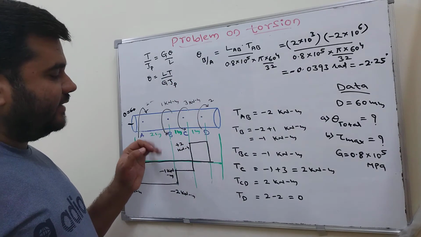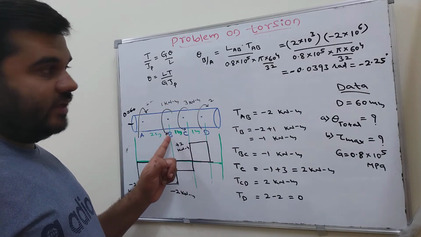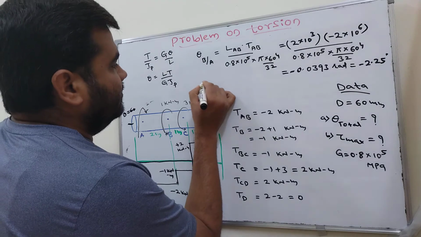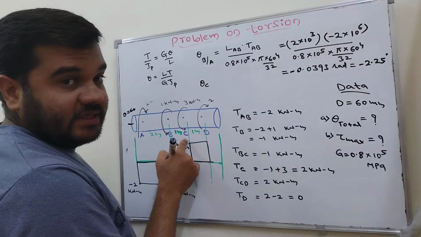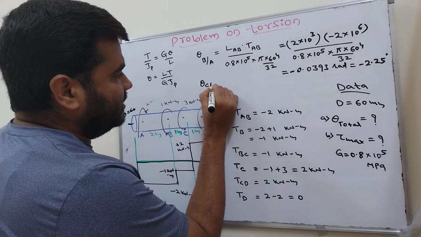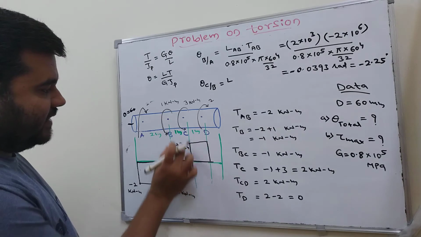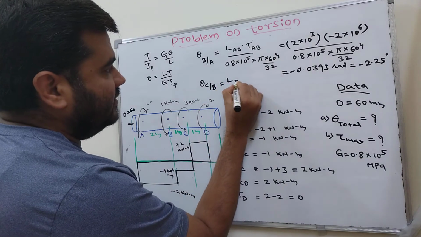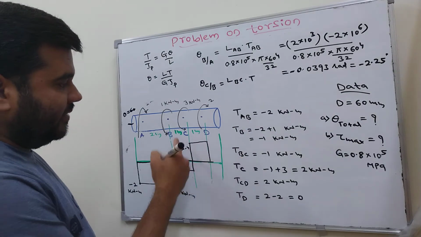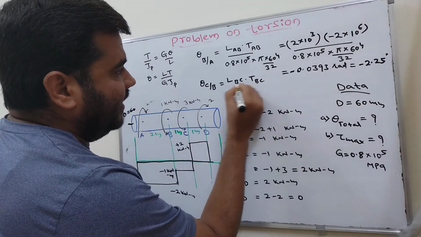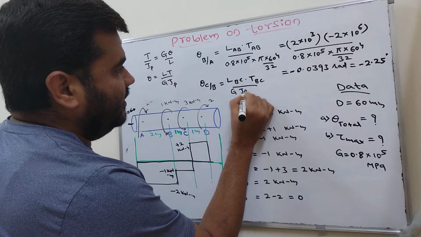Now similarly we will calculate the angle of twist of section C with respect to B. So angle of twist of C with respect to B equals length of BC into torque of BC divided by the same G into JP, polar moment of inertia.